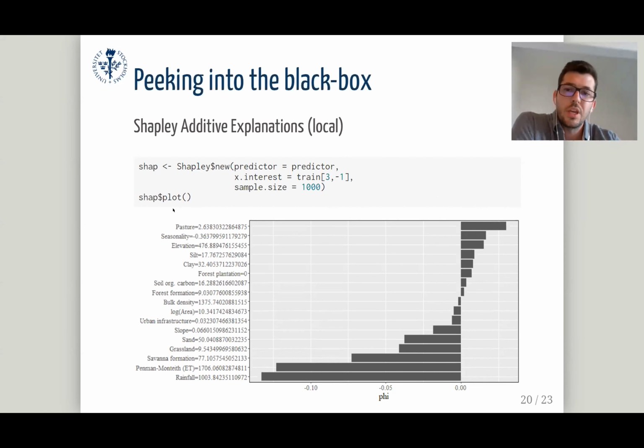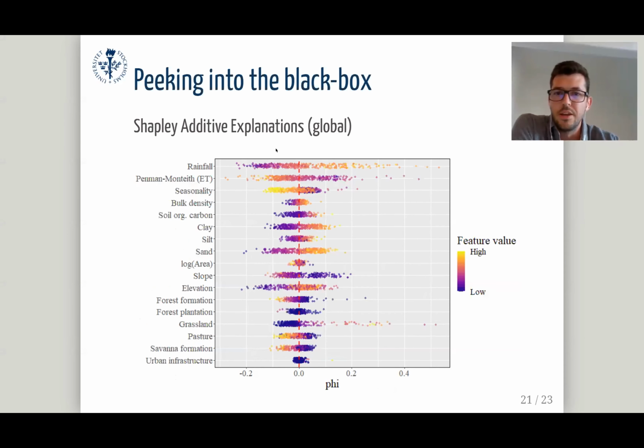And then we can aggregate this to the entire data set, and we have a global picture of what our model is doing. And here we can see for each variable, if the feature values are high or low, and how they are spread, and how it changes. So here it's quite interesting.